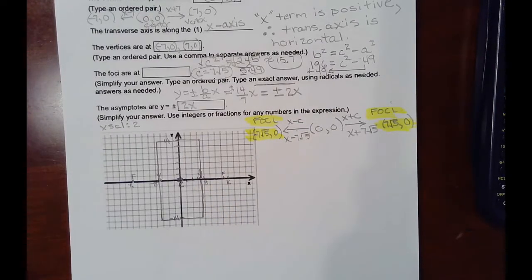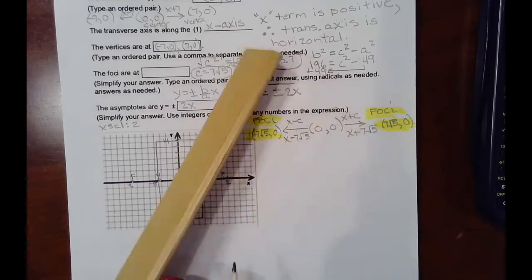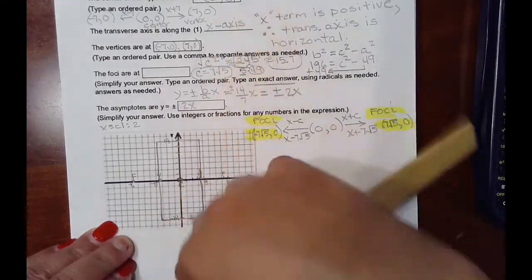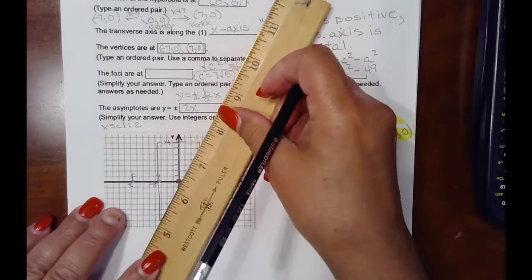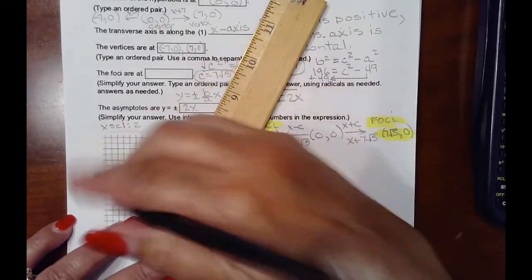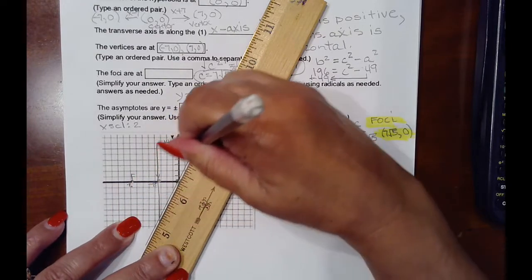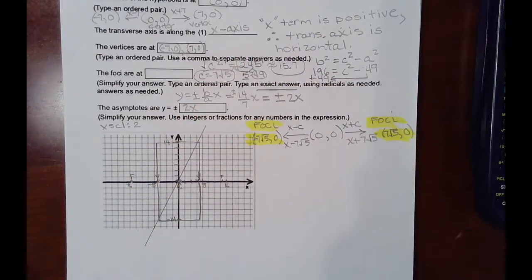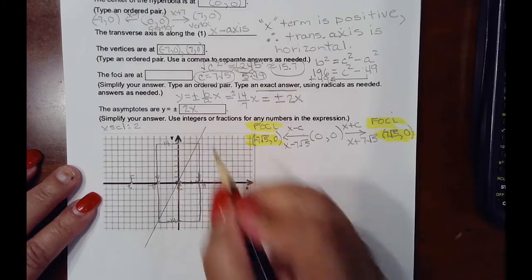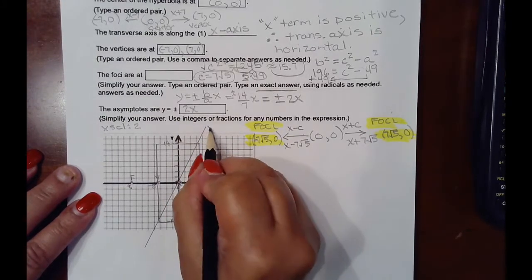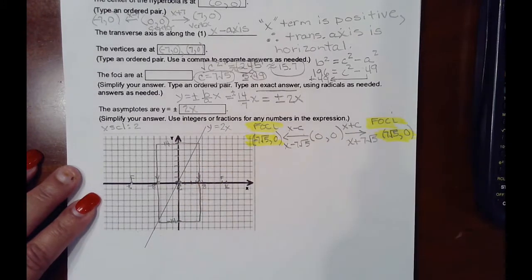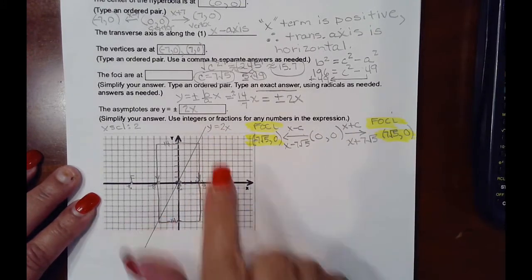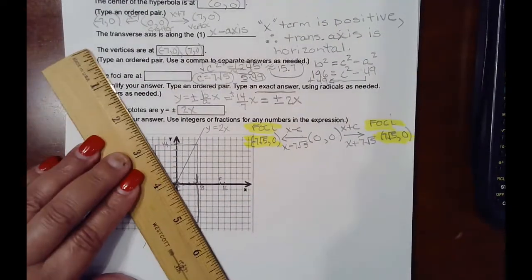Okay, as soon as you create that auxiliary rectangle, you can connect the corners, the opposite corners, and that's where your asymptotes go. If they ask you to name it, which they did, this would be the positive one, because in some problems they're going to say name the positive one, name the negative one. This is the one with the positive slope, and then the one with the negative slope would be the one that goes to the left.